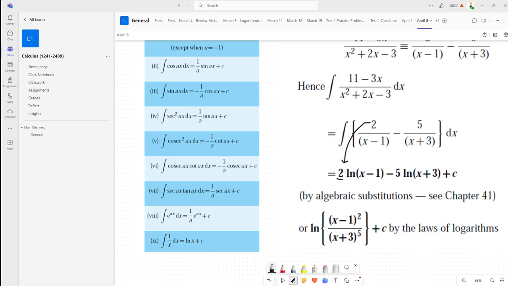When you have 1 over x, or 1 over x minus 1 in that case, this function represents x. So we have x minus 1, and this goes in the denominator.